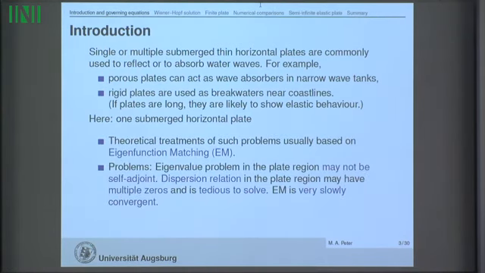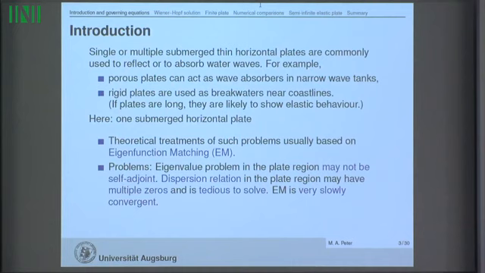Okay, so this problem is a 2D problem. It doesn't look that difficult to start out with. And usually what people do, and this has been done in the past, is use what is called eigenfunction matching. If you're familiar with the technique, that's good. If not, what you basically do is split your domain in half.